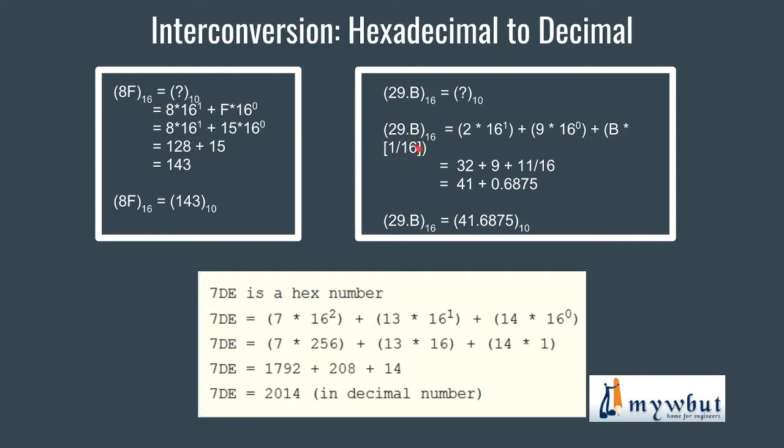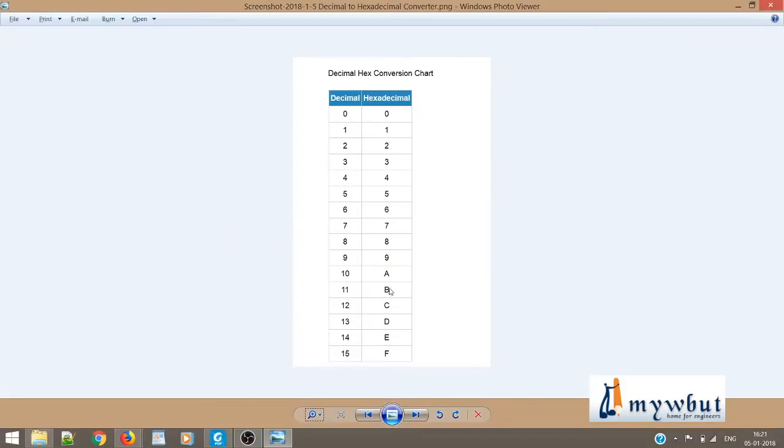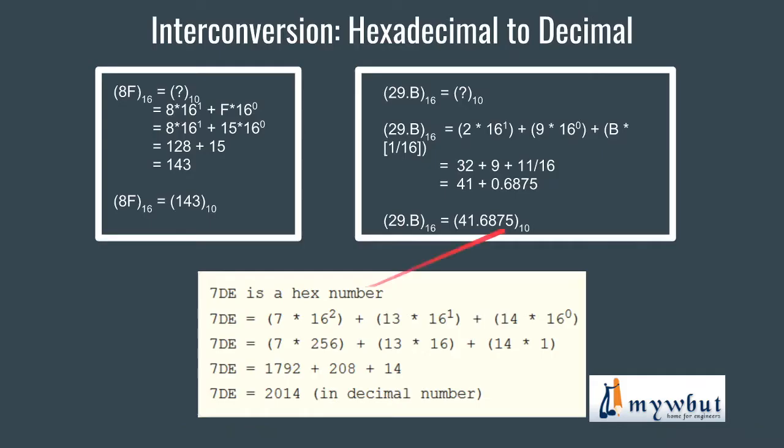This 1 by 16 is nothing but 16 to the power -1. Now, B in hexadecimal is equivalent to 11 in decimal. That's why we have replaced B with 11 over here. Now 16 into 2 is 32, 9 into 16 to the power 0 is 9, plus 11 by 16. This gives 41 plus 0.6875. So the equivalent decimal is 41.6875.